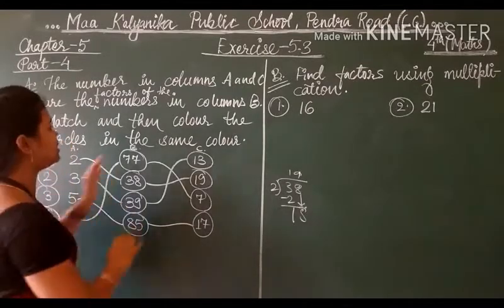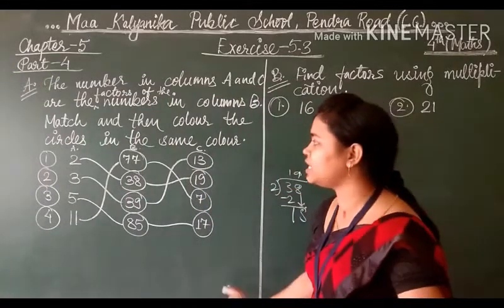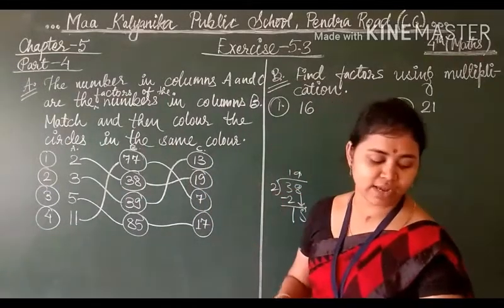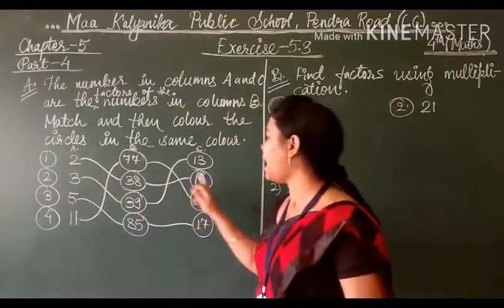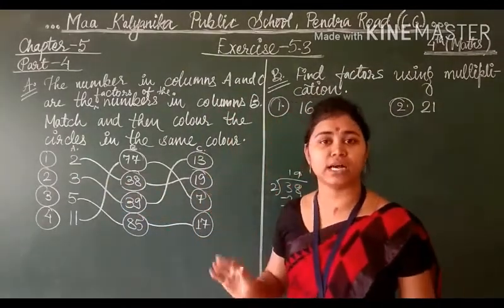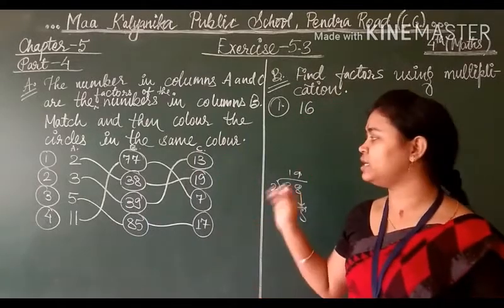Now students, then you have to color the circles in the same color. You can see in your book 2 is given with green color. So 2, 38 and 19 will be in green color. You have to color it green. You can note down in your notebook also, in your copy.